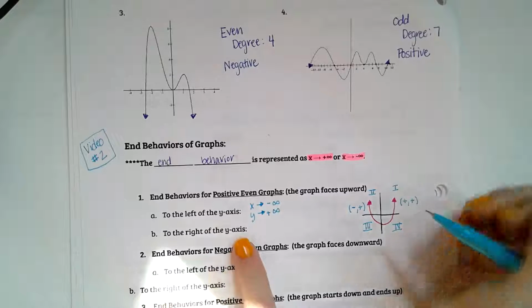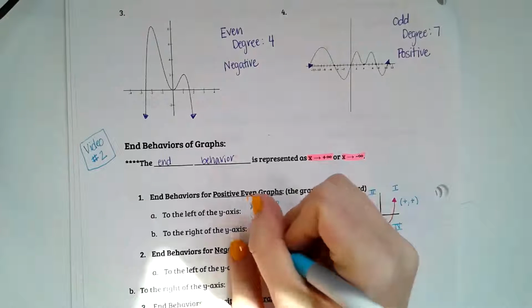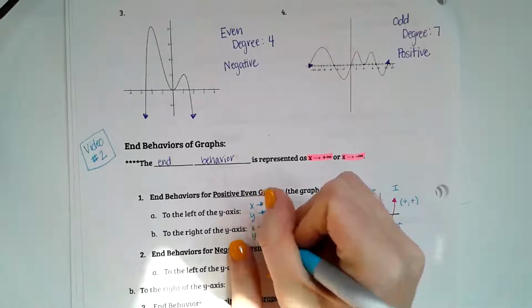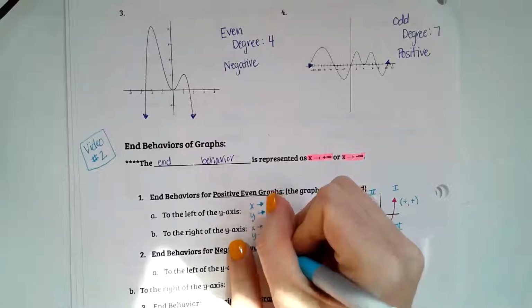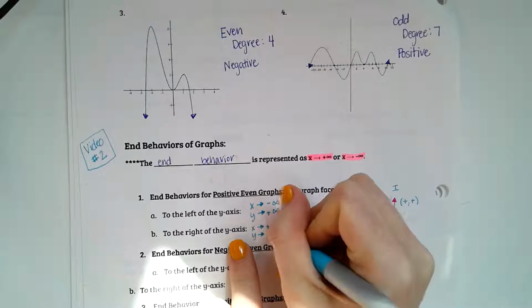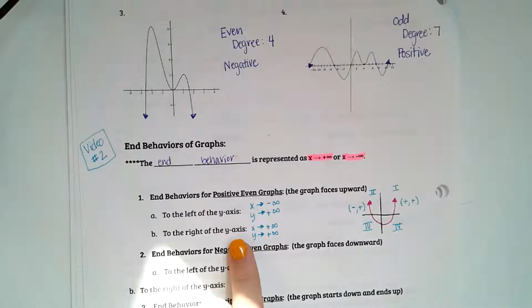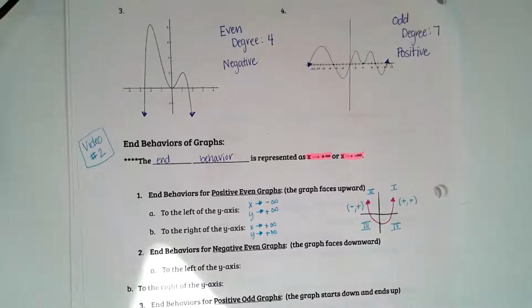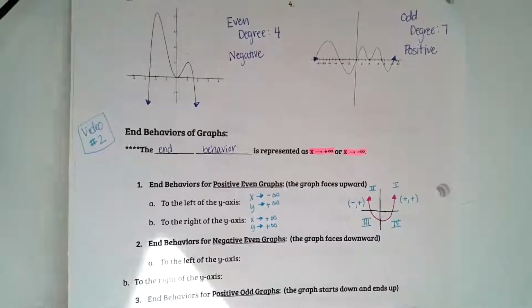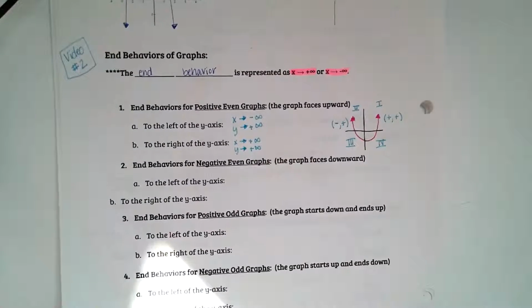And then to the right of the axis, both x and y are going towards positive infinity. So it all kind of depends on where the ends of your graphs are.